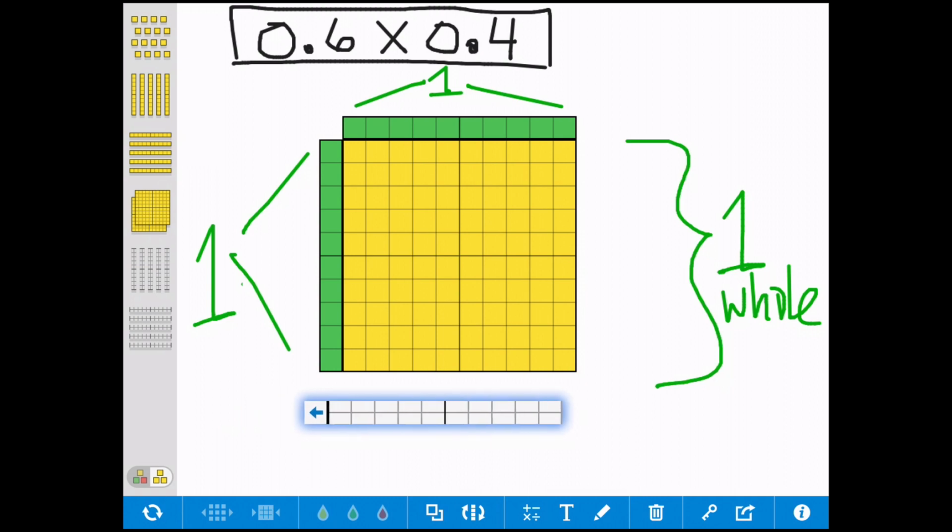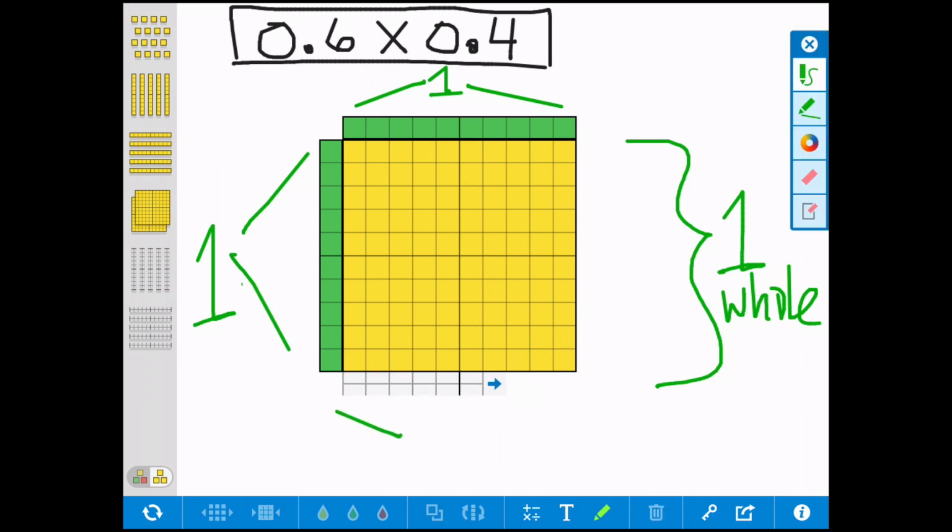So now let's make this go here. And I'm going to make this represent our 6/10. So what is our 6/10 going to look like? Well, there's 1/10, 2/10, 3/10, 4/10, 5/10, 6/10. So right here is my 6/10, 0.6.